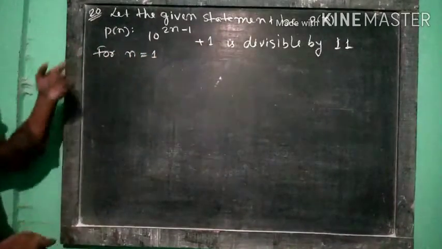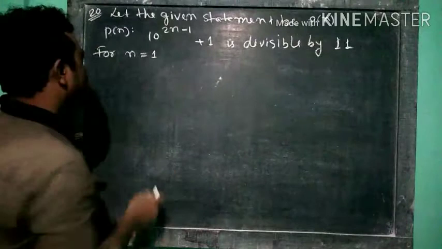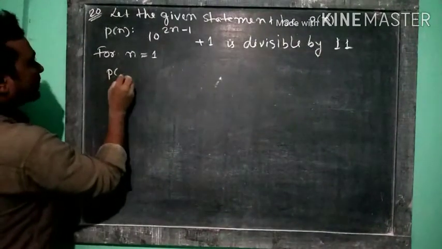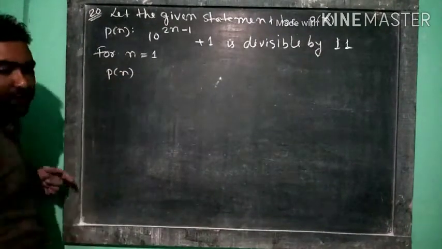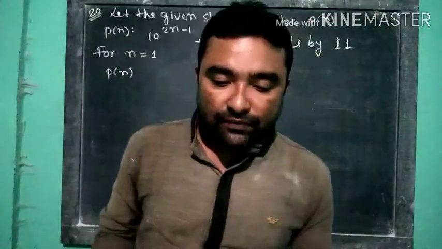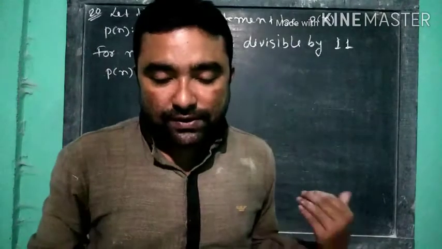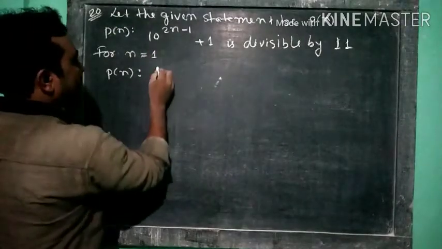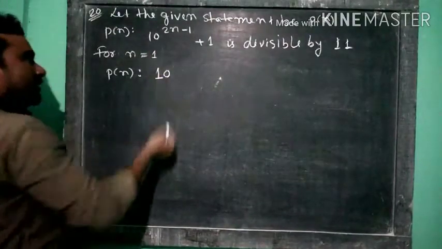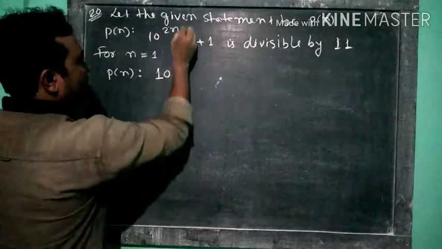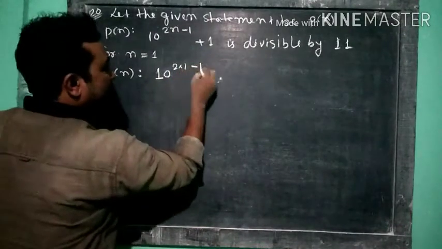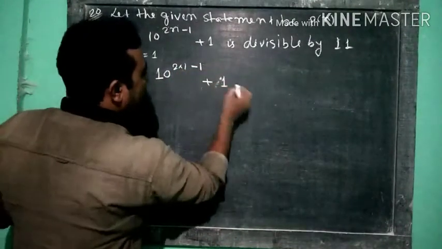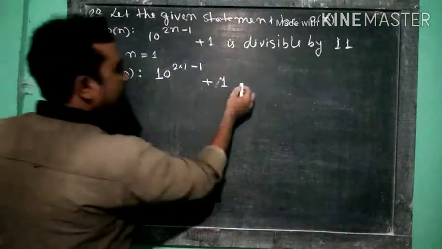For n equal to 1, we will check whether it is true or false. P of 1 is 10 to the power 2 into 1 minus 1 plus 1. We need to find its value.